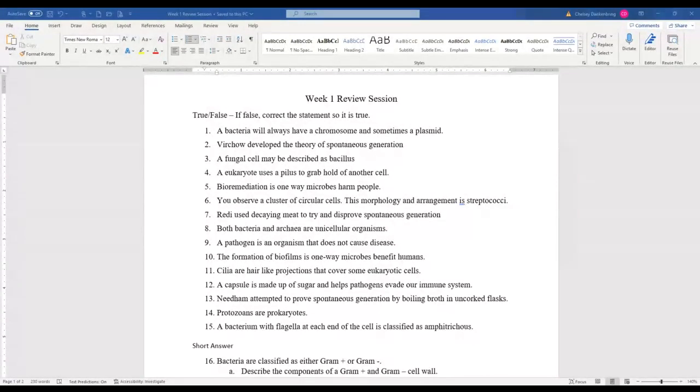A pilus does in fact grab hold of other cells, but a pilus is used by a prokaryote. This is a prokaryotic structure. That's going to be one of the hardest parts of the cell content: yes, you need to know what each structure does, but you also need to know if it's associated just with prokaryotes, just with eukaryotes, or both.